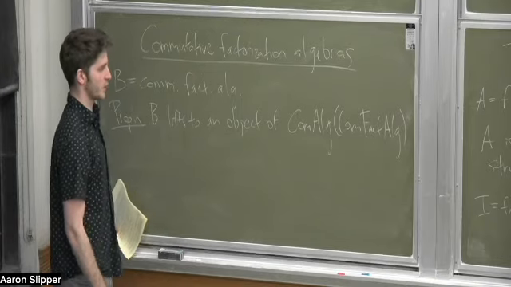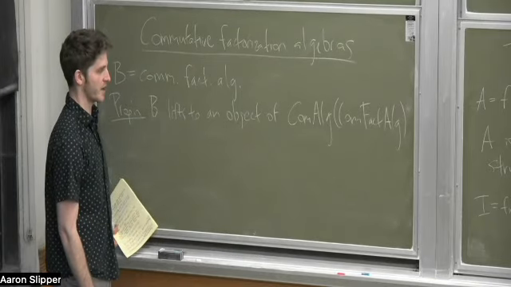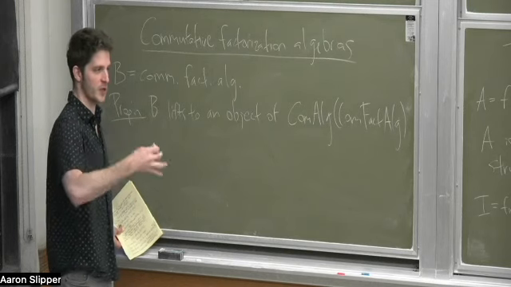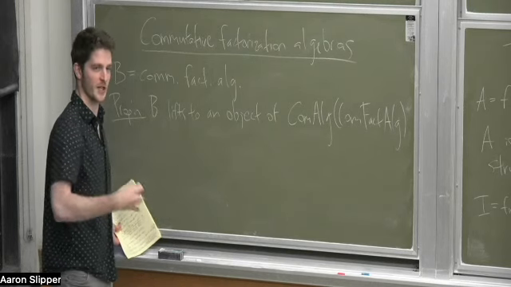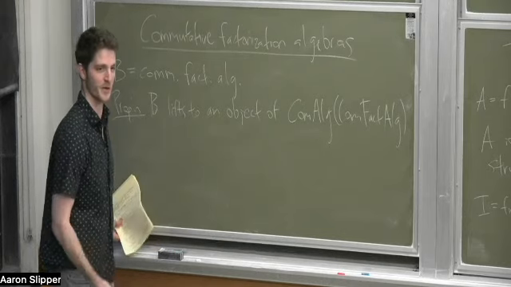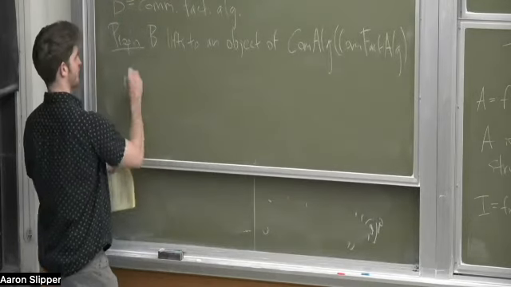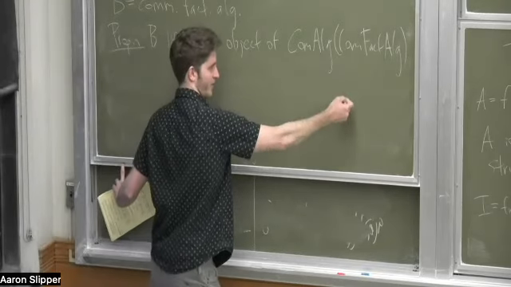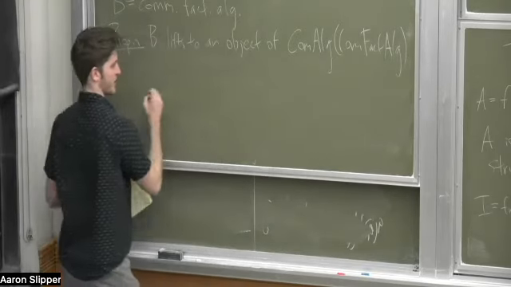This is not so weird if you think about ordinary commutative algebras: the category of commutative algebras in commutative algebras is again just commutative algebras. It's sort of like idempotent. So in fact, I claim the forgetful functor to commutative factorization algebras is an equivalence.